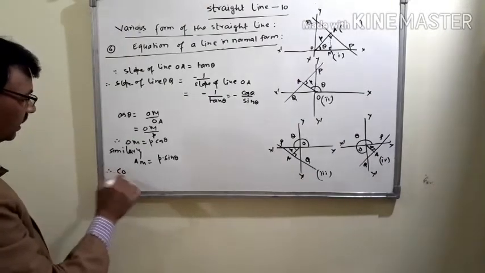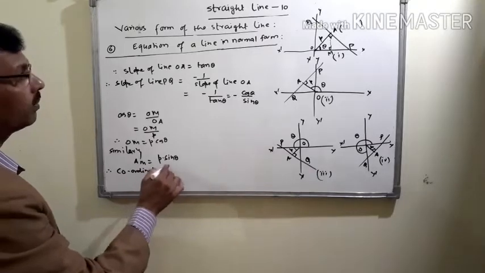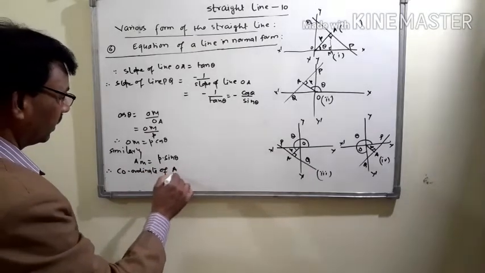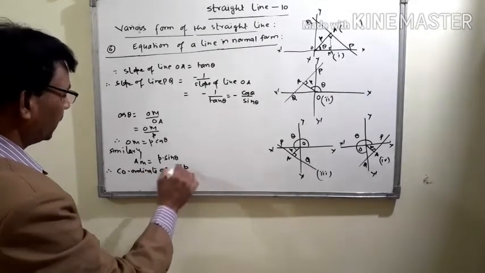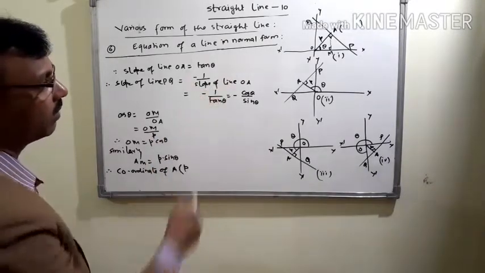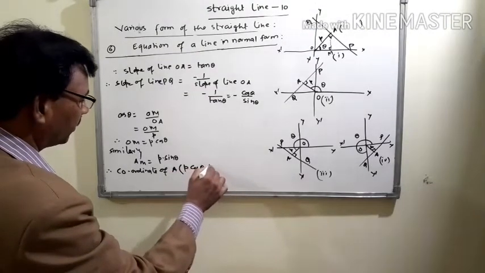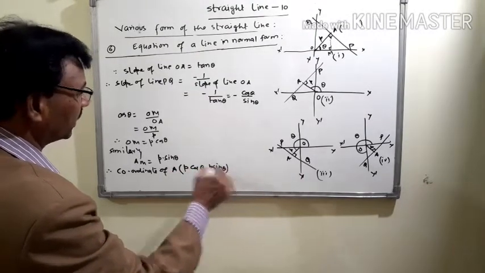Therefore, the coordinates of A will be the length of OM and the length of AM, that is, p cos theta and p sin theta.